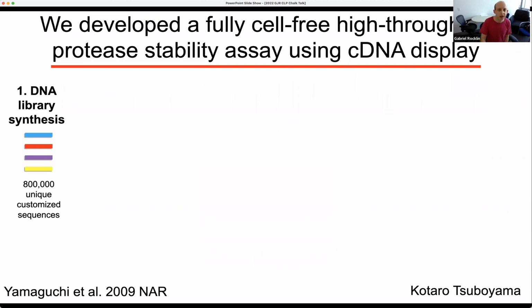But basically, our strategy for measuring stability is to use a fully cell-free method based on a selection technology called cDNA display that was originally developed in 2009, and then Kotaro adapted it to measure folding stability. So the way we do this is we take all the sequences of the proteins that we want to measure, and we've done this with libraries up to actually 900,000 sequences was our largest library, although I wrote 800,000 here.